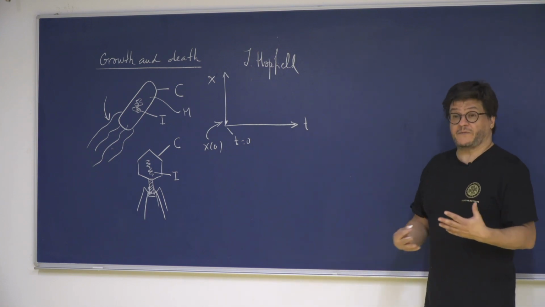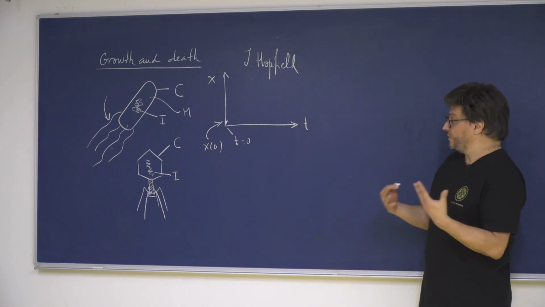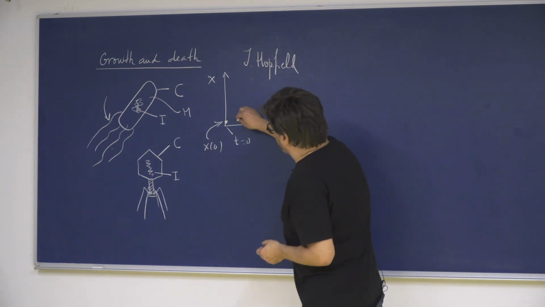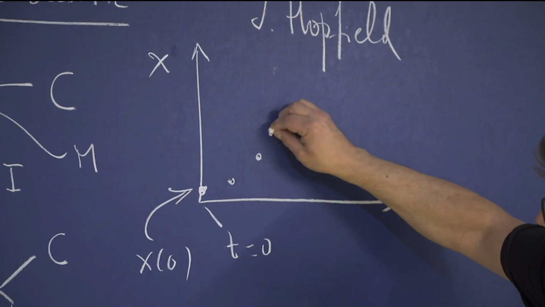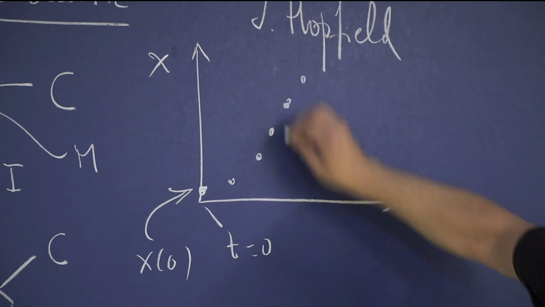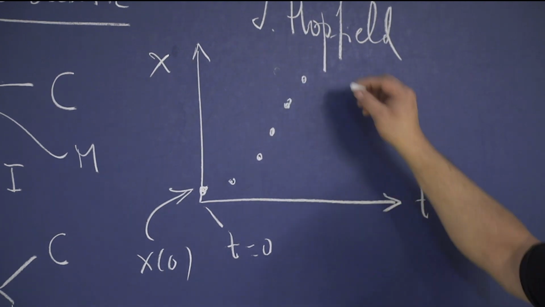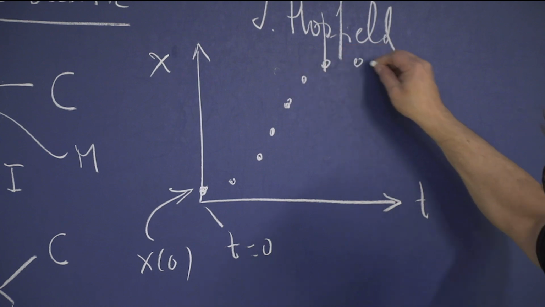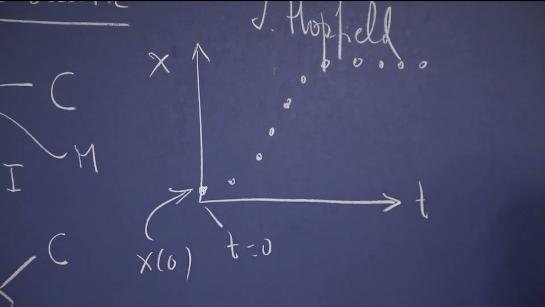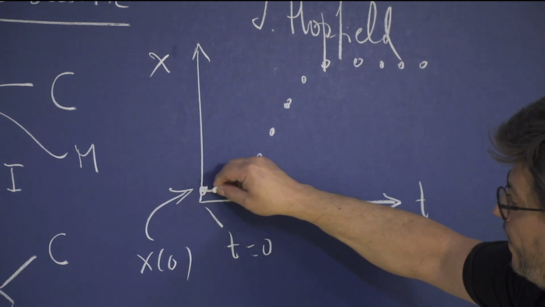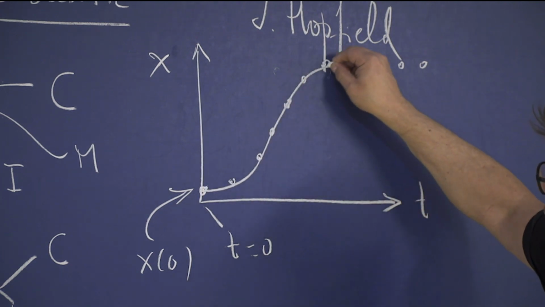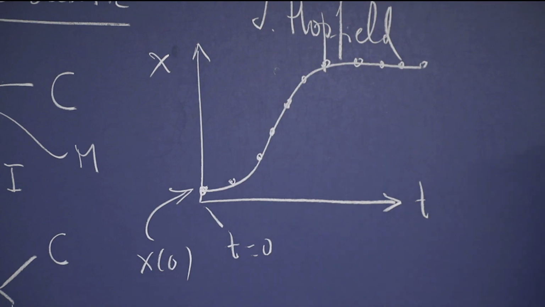So a typical observation, for example, for some unicellular organisms, is that essentially you see very rapid growth. This is sampled in intervals, for example, 1 day or 1 week or hours or whatever. But then this is followed by saturation. So if you want, I can actually draw a line.